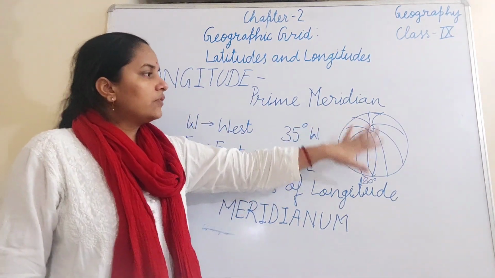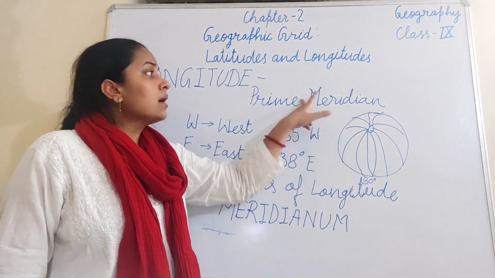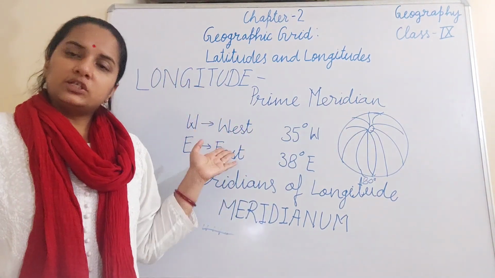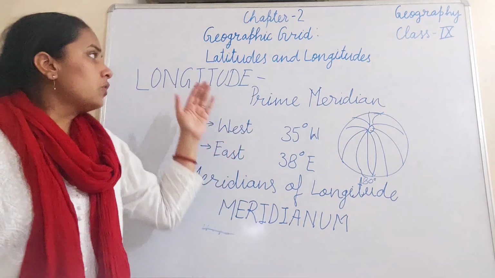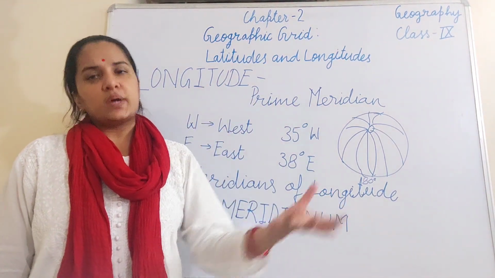And whenever we talk about all these lines, keep taking the prime meridian at 0 degree, then we have 180 longitudes eastward and 180 longitudes westward.